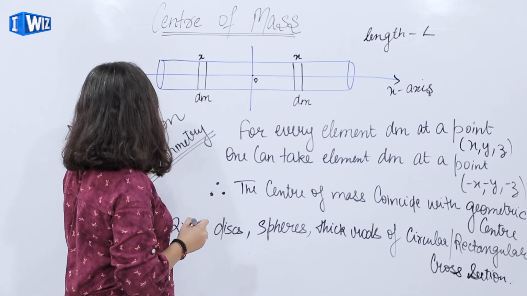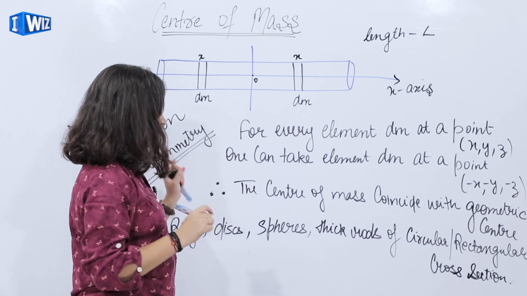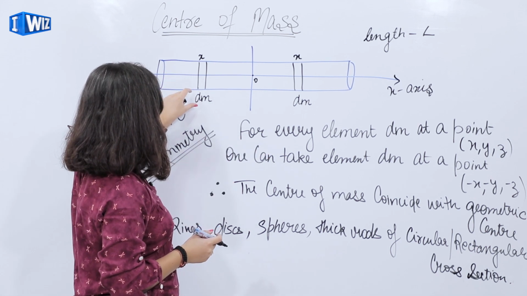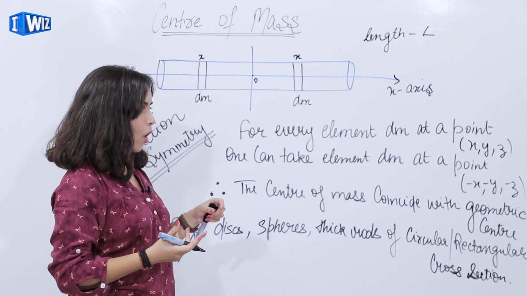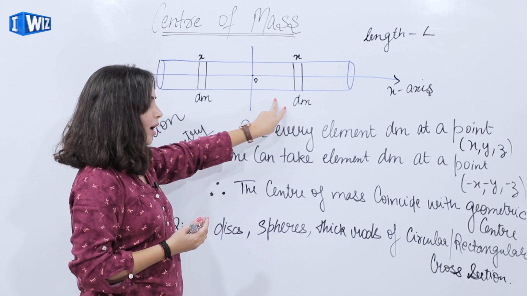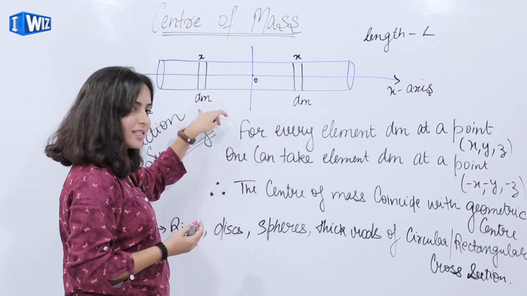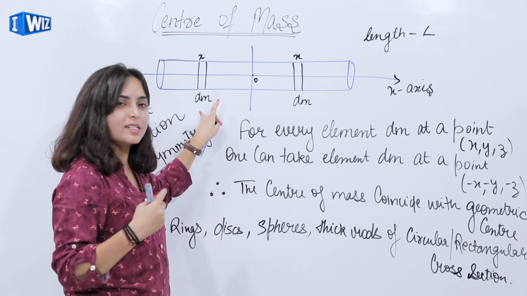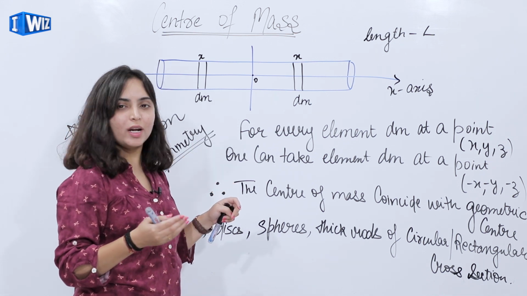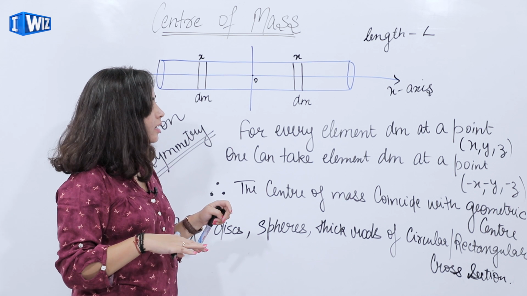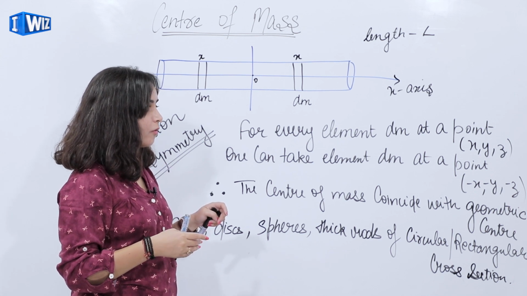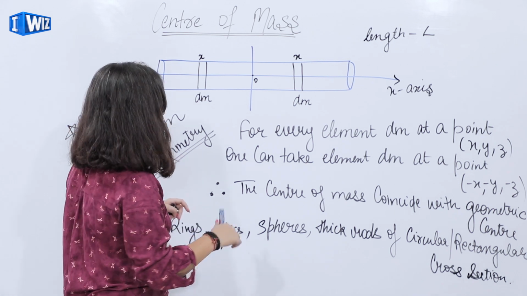So what the reflection symmetry concept says is, for every element dm that we have considered at a point x, y, z, this is one dimension, so we have x-axis only. So at a point x, one can take an element dm at a point minus x, minus y and minus z.